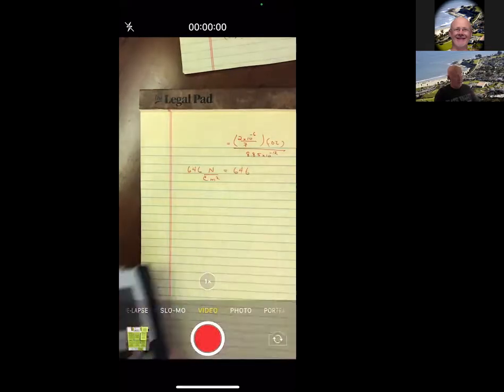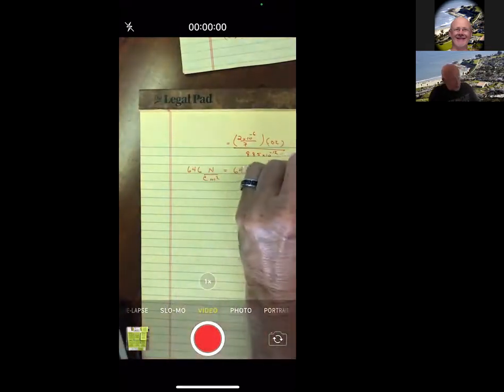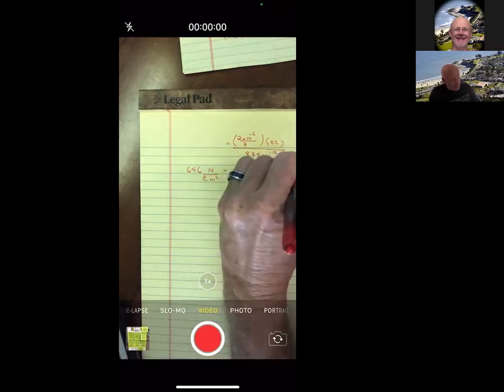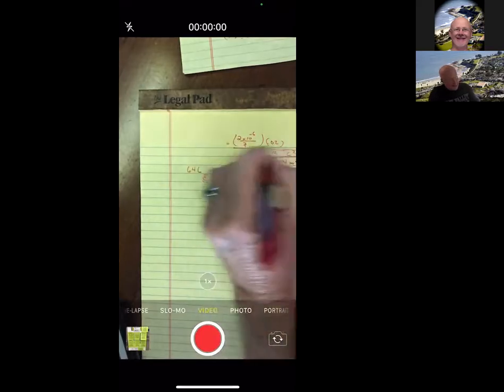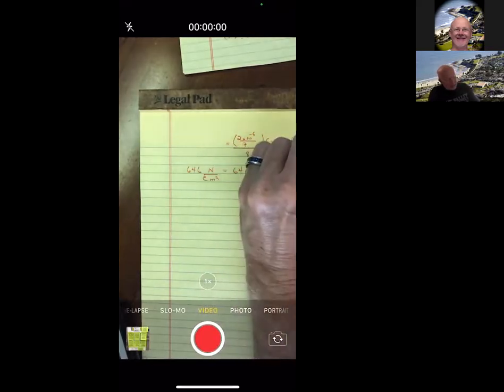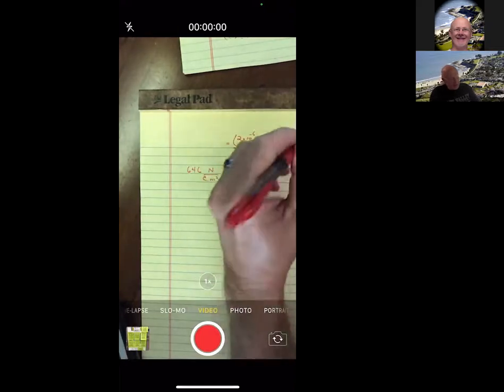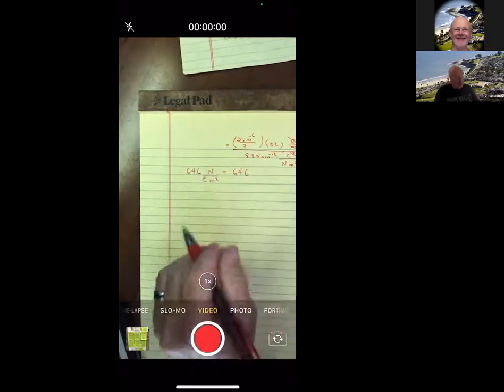And I guess watching my units here, epsilon naught has units of Newton meters squared in the bottom and coulomb squared in the top. This is charge density, so it's coulombs per meter, and then this is a length in meters. So those meters would cancel off. One of the coulombs would cancel off.